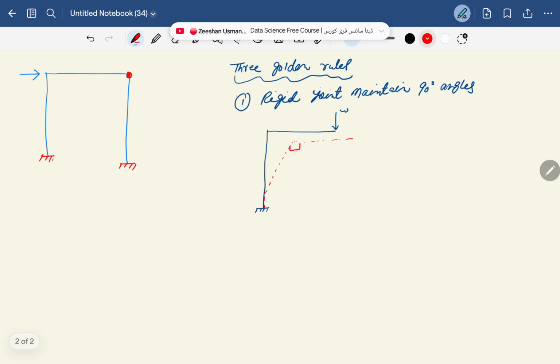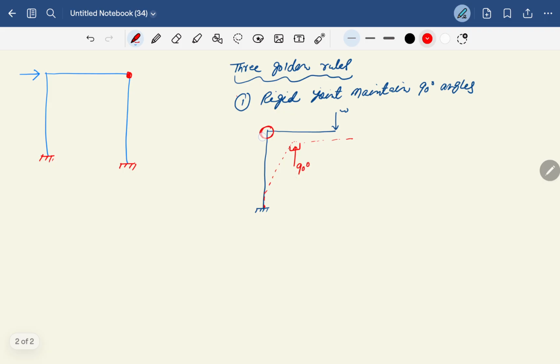Always this angle should be 90-degree. This is the first golden rule, because this is the rigid joint. So when there is a deflected shape, this angle always remains 90-degree. This is the first golden rule you have to remember, okay.